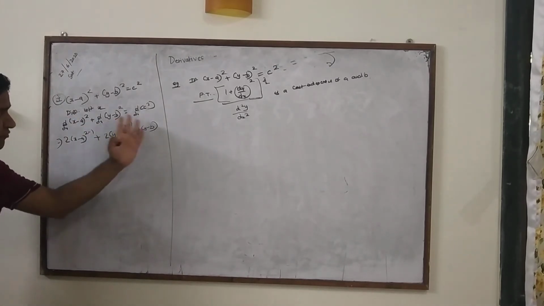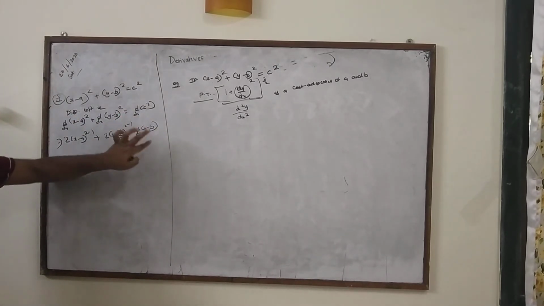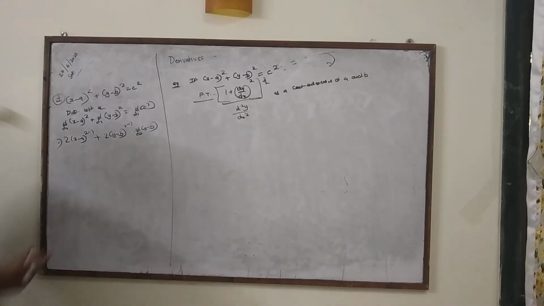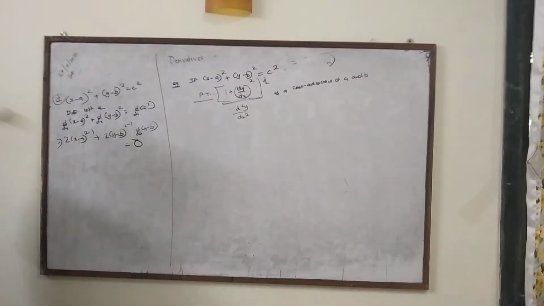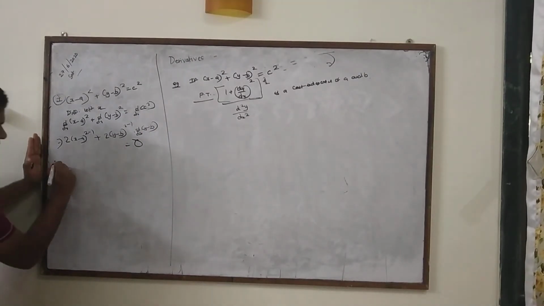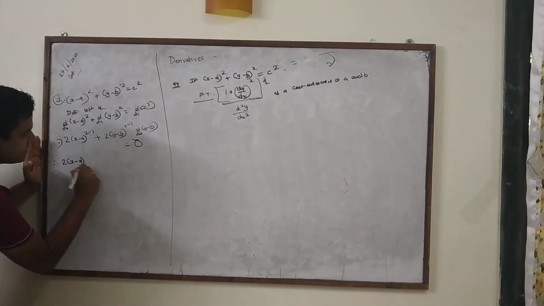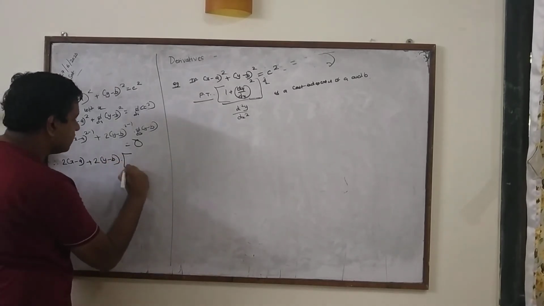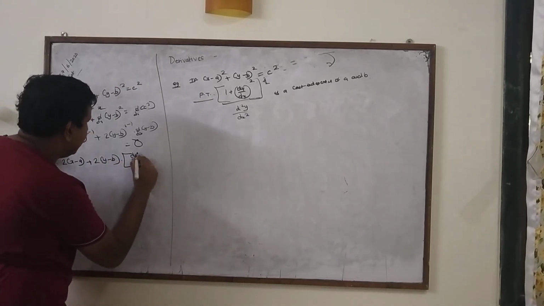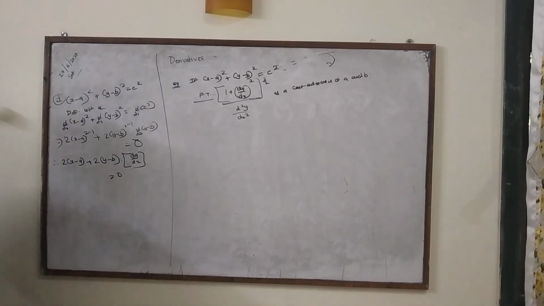D by dx of y minus b, because I know d by dx of y will work out to something else, although d by dx of b will again be a constant, and d by dx of c square is definitely a constant. So 2(x minus a) plus 2(y minus b) into dy by dx is equal to 0.